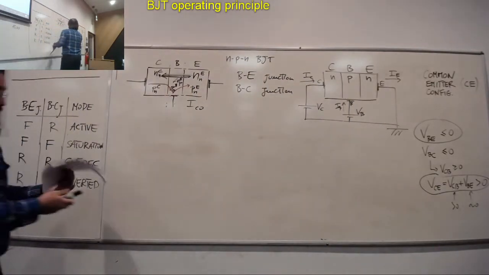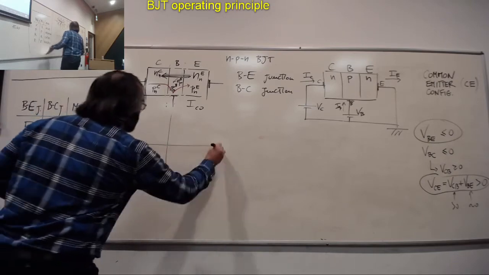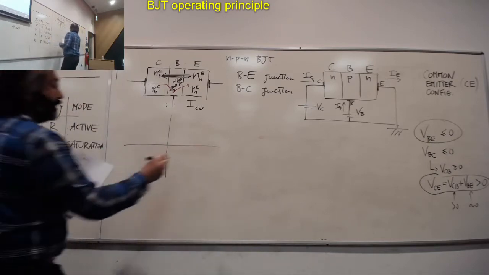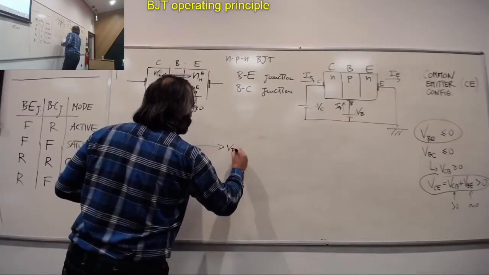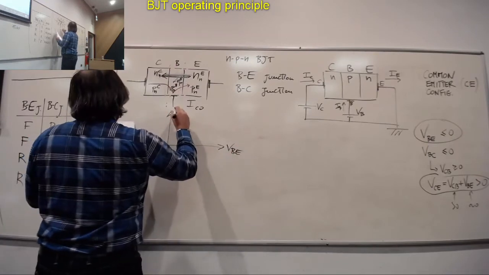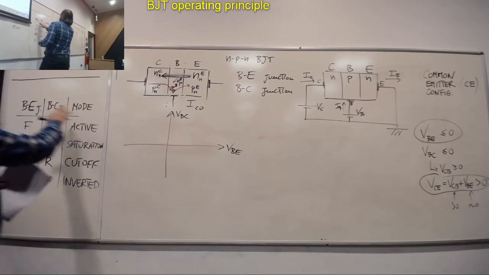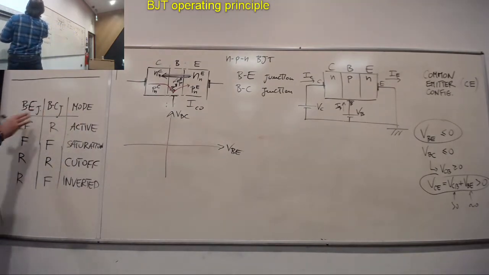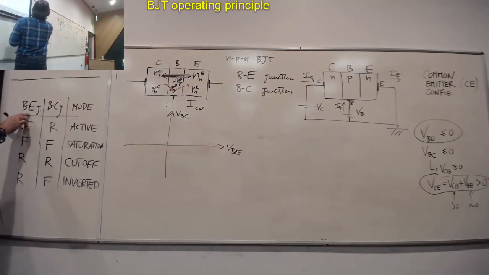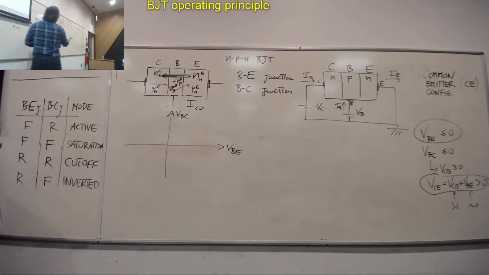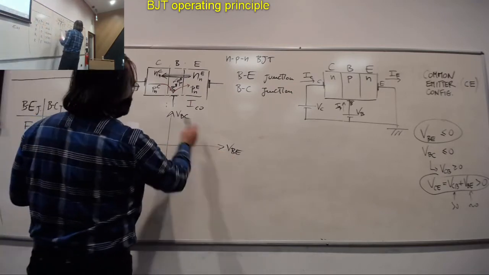So what we've seen, and we can do it here on a nice plot, just to show VBE and VBC. That's what we've been discussing, to understand whether BE is forward or reverse biased and BC is forward or reverse biased. Basically, we've been talking about VBE and VBC.